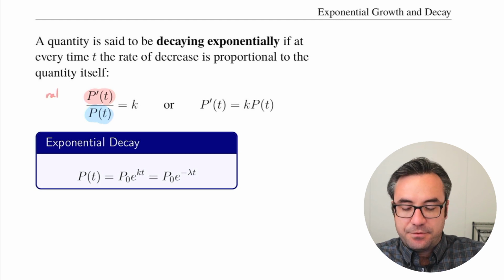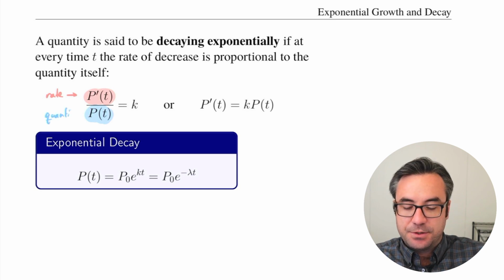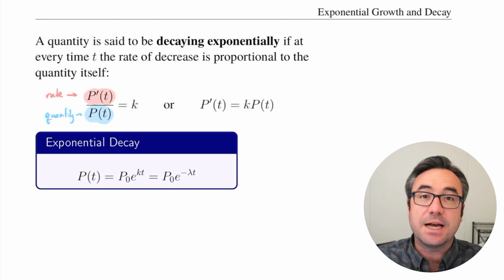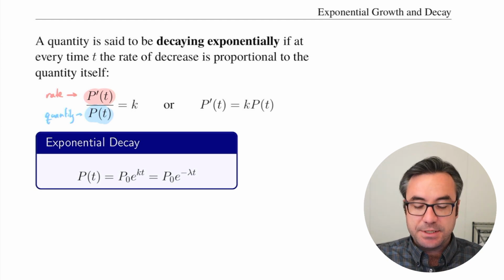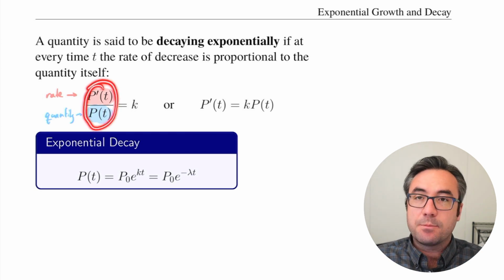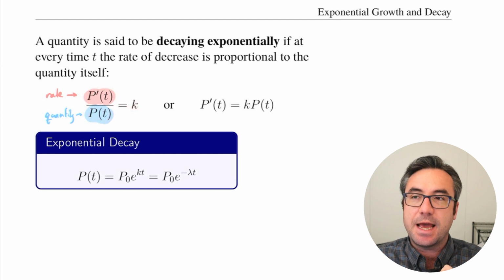The derivative describes the rate and the function describes the size of the quantity. With exponential decay, these are proportional to each other, so their ratio is equal to some constant k.